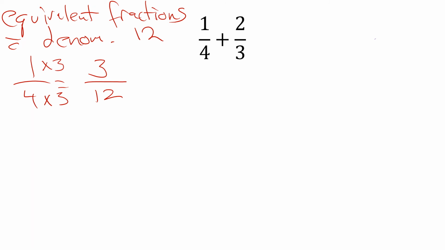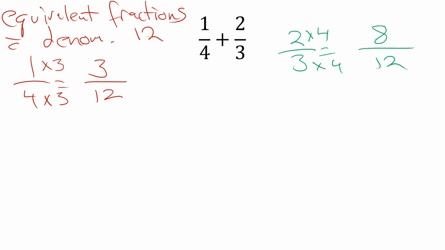The same thing with our 2/3. We have 2/3. We want to write it as an equivalent fraction with a denominator of 12. We know that 3 times 4 equals 12. So we'll multiply the whole fraction, top and bottom, by 4 to get 8/12. Now that we have our two new equivalent fractions, let's rewrite our problem and go from there.